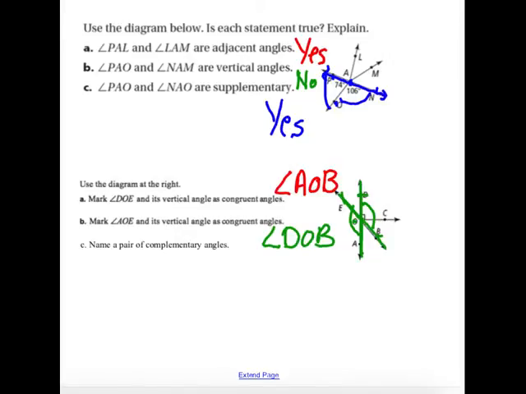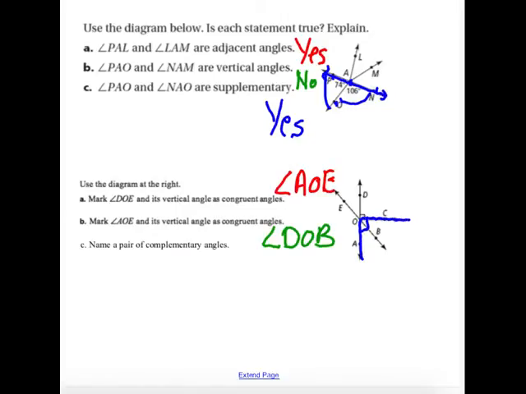And the last one, name a pair of complementary angles. Again, complementary means 90. Well, I know if this angle is 90, this one has to be 90 because I have this line, and lines have to be 180. So I know for sure that this is 90, so I'm going to go with this angle right here, and I got two.